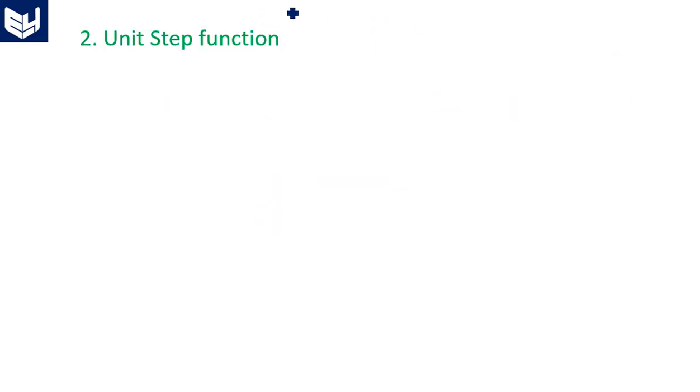Now coming to the second important signal, the unit step signal, or unit step function. How do we define the unit step function? The unit step function is defined as u of t equal to 1 for t greater than or equal to 0, and equal to 0 for t less than 0.